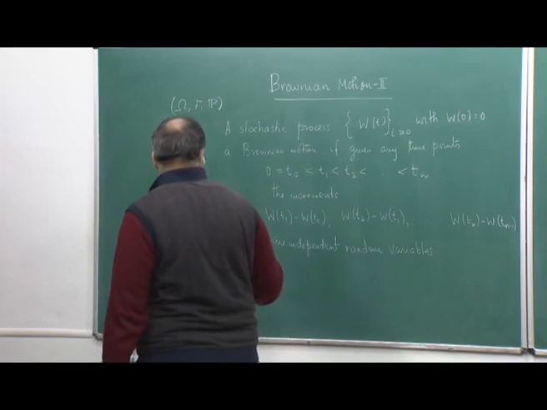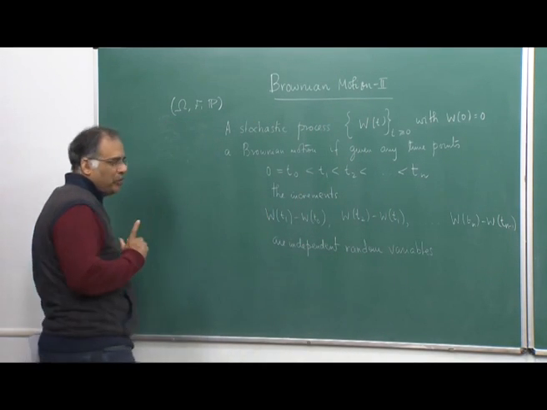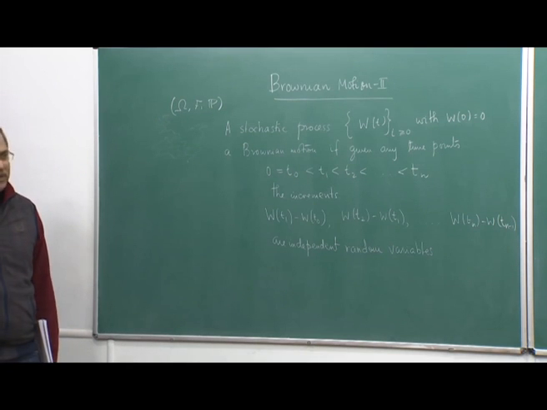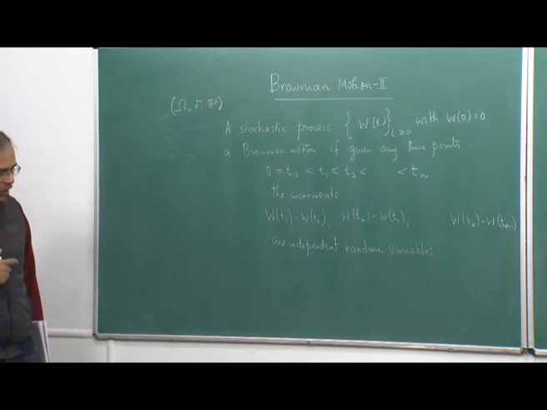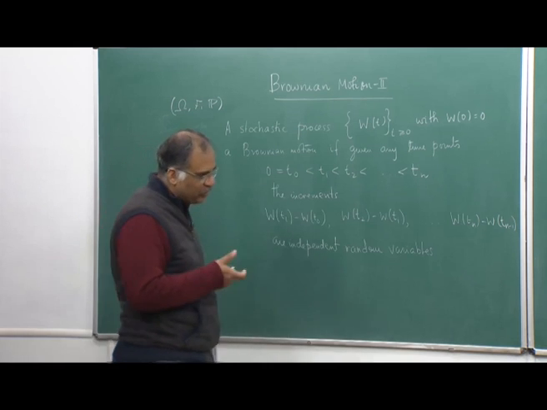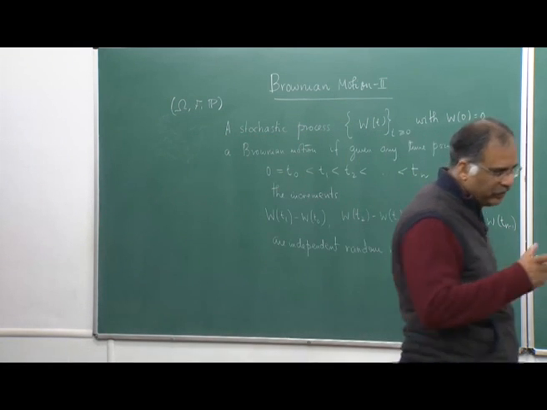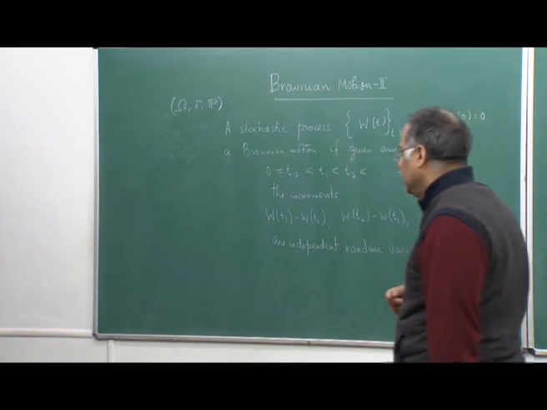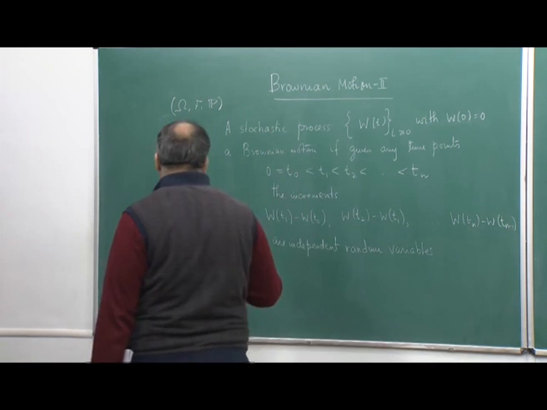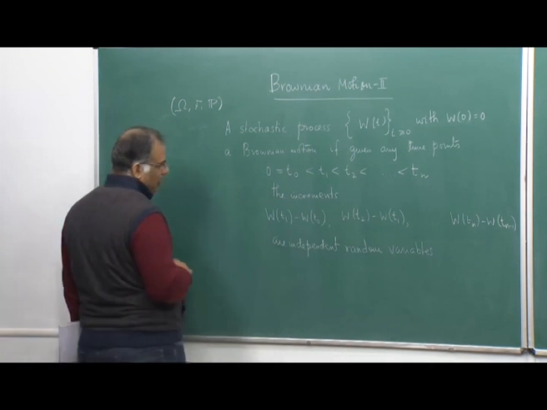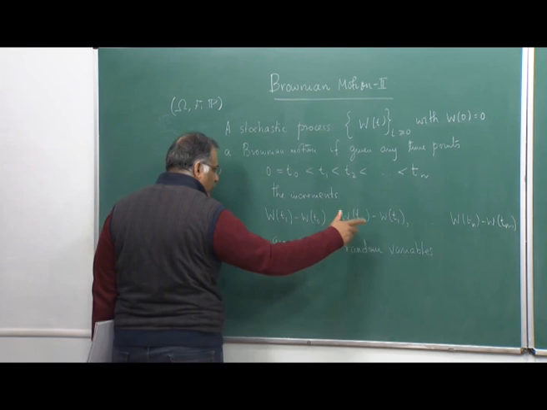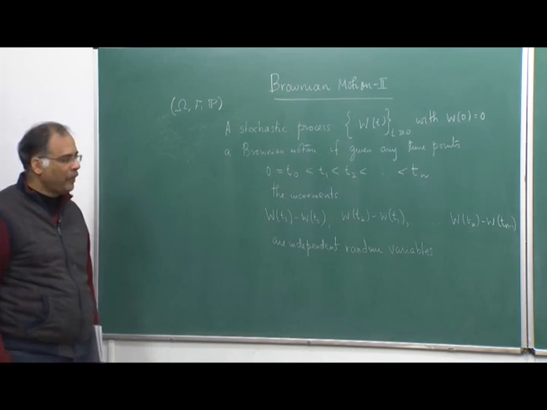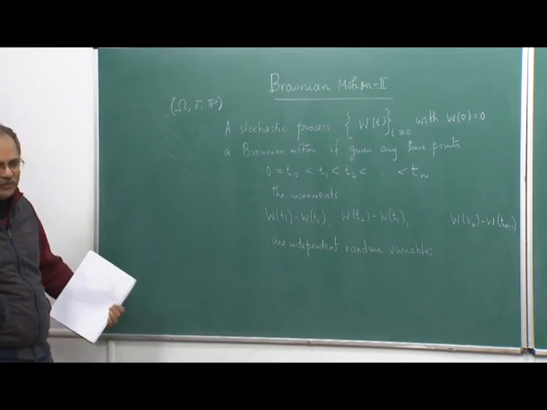Now, the independent random variables, this is one property you know from the property of the symmetric random walk. Also you know the symmetric random walk, the expectation of the increments is 0 and the variance of the increments is the difference between the two time endpoints. Here actually one can prove through the central limit theorem that these increments follow a normal distribution, which we do not prove because that would take too much time.